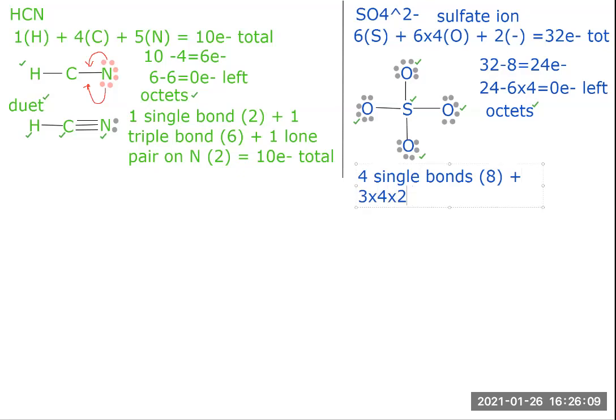So let's write this differently: 6 electrons from lone pairs on 4 oxygen. So that's 4 times 6, 24 electrons. So 24 plus 8, that's 32. So we do have the total number of valence electrons. It's the correct number.